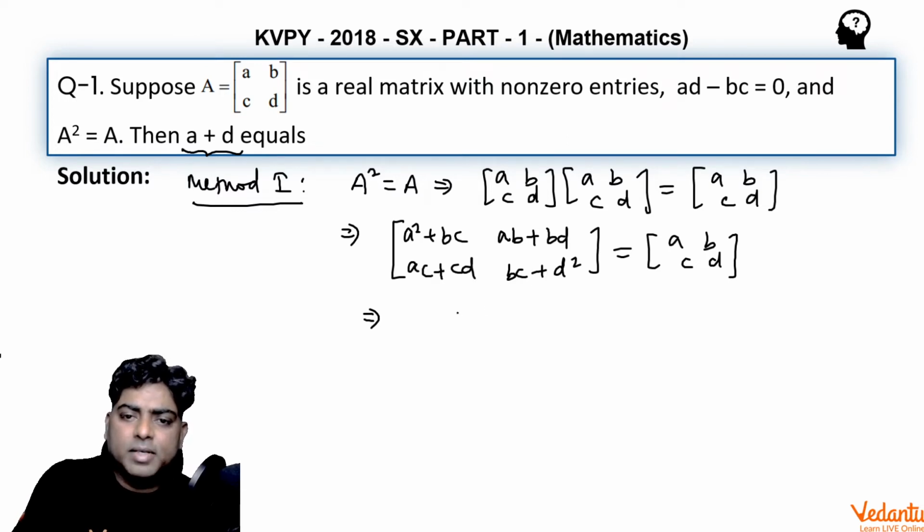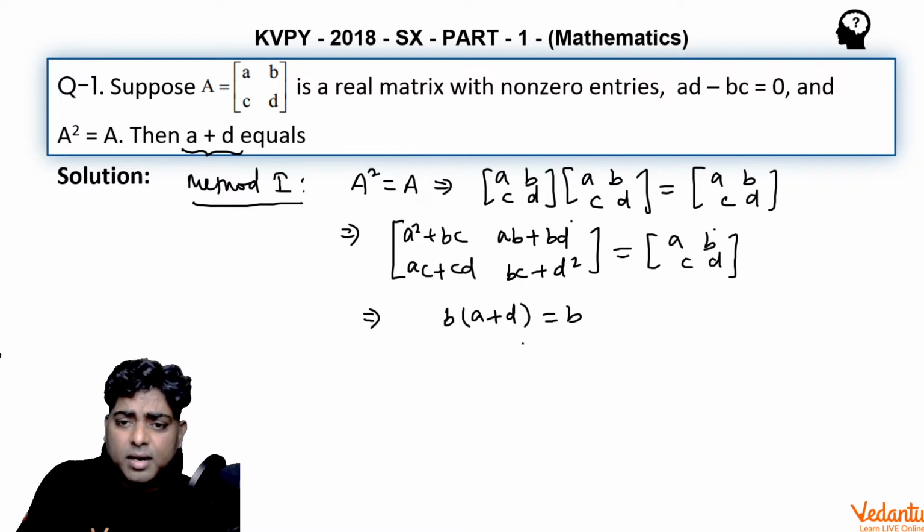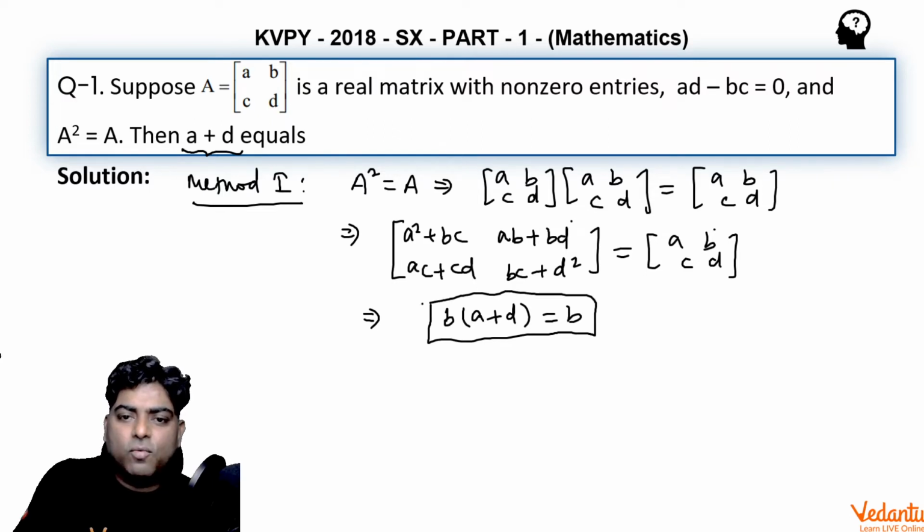If you take B as common, we get B into A plus D is equal to B. See these two. From here only we can get the value of A plus D. Why?